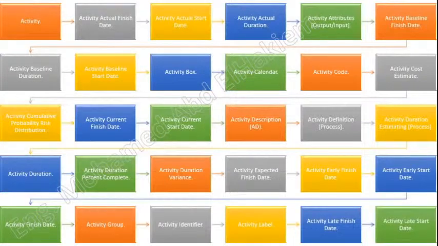Activity late start date. The latest possible point in time when the schedule activity can begin without violating a schedule constraint or delaying the project end date. See also late start date.